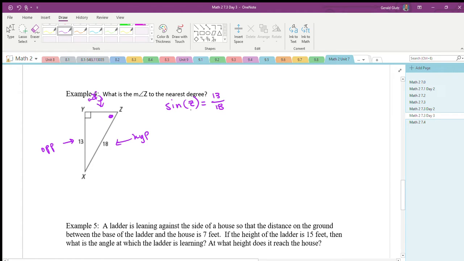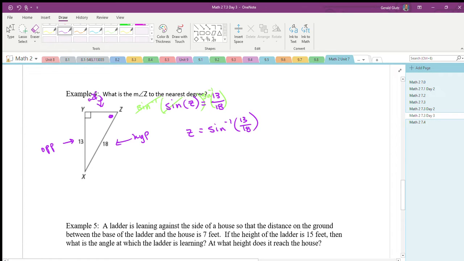So I'm trying to solve for Z. So I need to get rid of the sine. To get rid of the sine, take the inverse sine of both sides. So sine inverse and sine cancel each other out. So on the left side, I'm left with just Z. On the right side, I have inverse sine of 13 over 18.